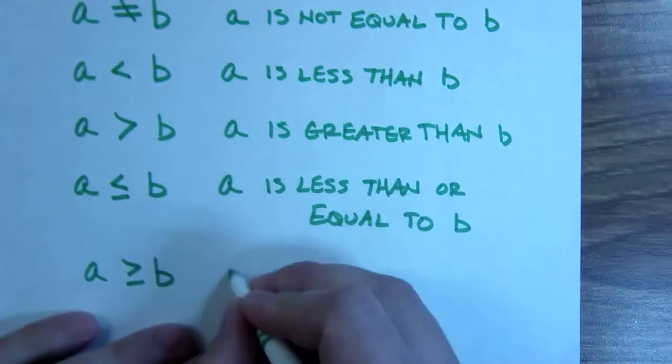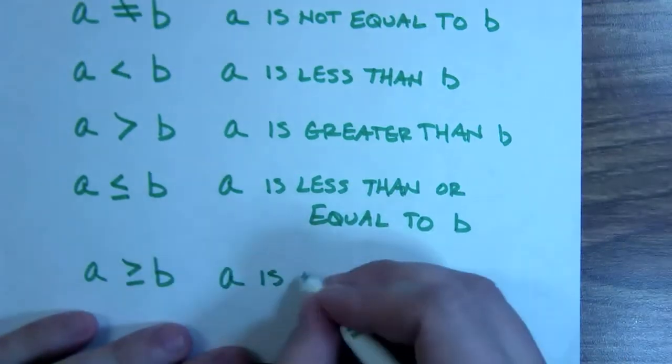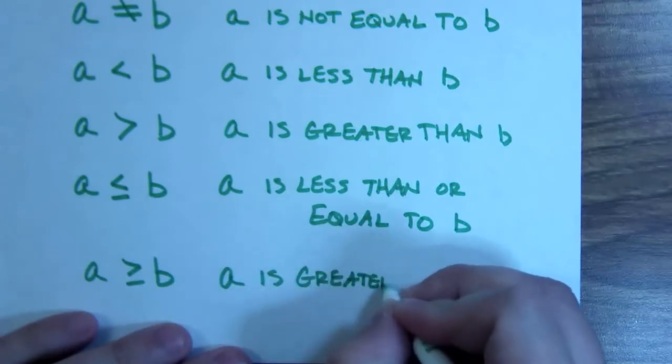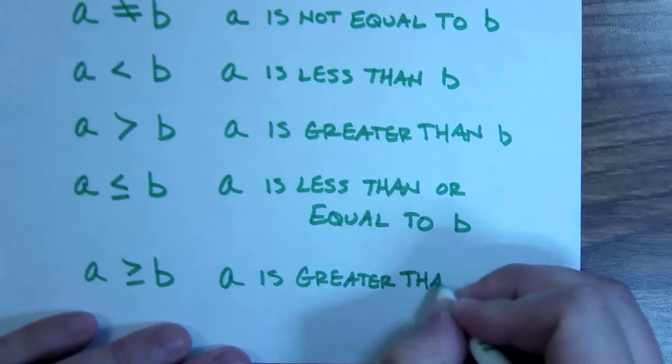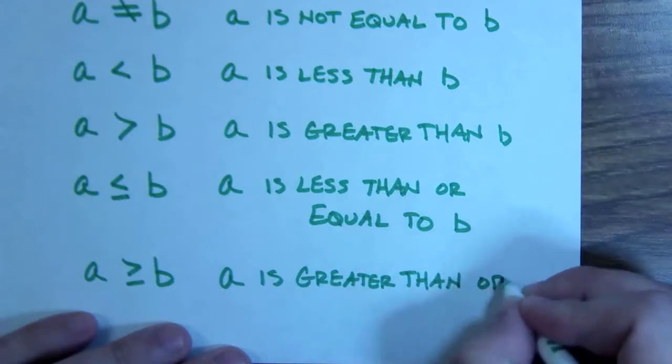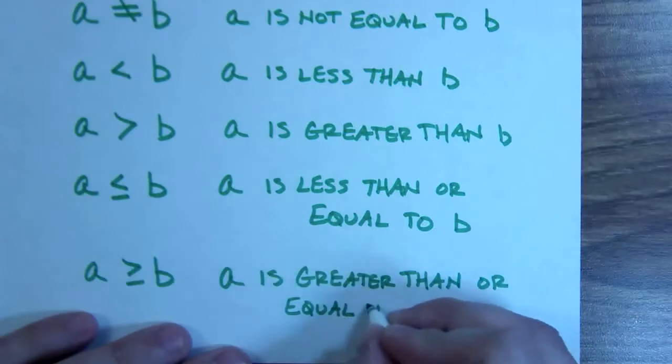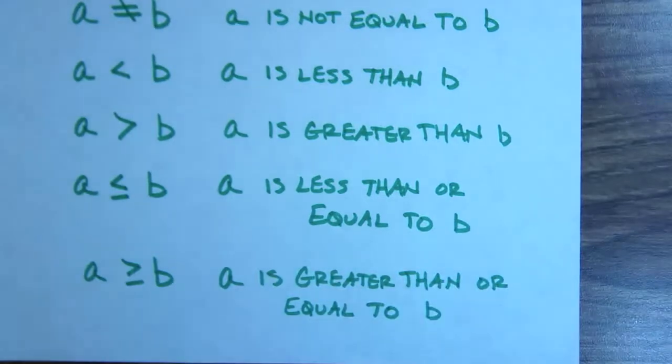Good. A is greater than or equal to B. Whew, man, that's a lot of symbols.